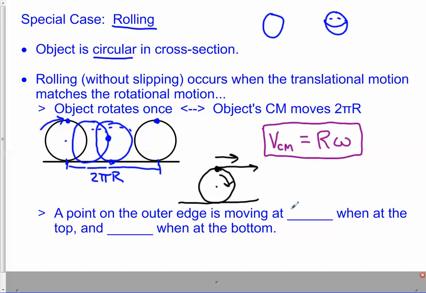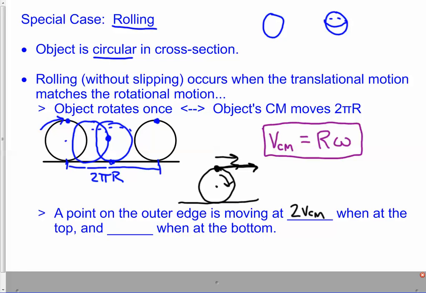And in fact, the point at the very top is going double the speed, because it's got two contributions to its speed. First, the fact that the overall wheel is moving, but then secondly, that it's rotating. Even if this thing were just rotating in place, this point would be moving pretty fast. But both together give you double the speed.